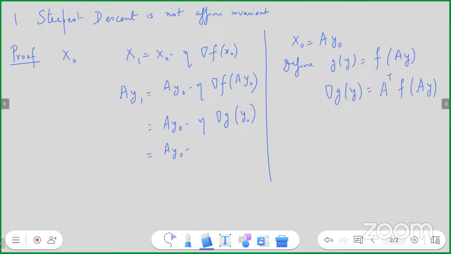Is this correct? This is not correct, right? When g of y is f of AY, what is the gradient of g of y? Okay, now this is what I really wanted. Right? So what is this quantity correctly?